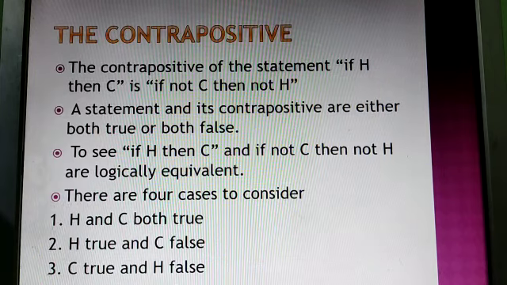Then the second classification is the contrapositive. That means here we consider the contrapositive of the statement, that is if H then C. H is hypothesis, C is conclusion. The contrapositive of if H then C is, if not C then not H. So a statement and its contrapositive are either both true or both false.